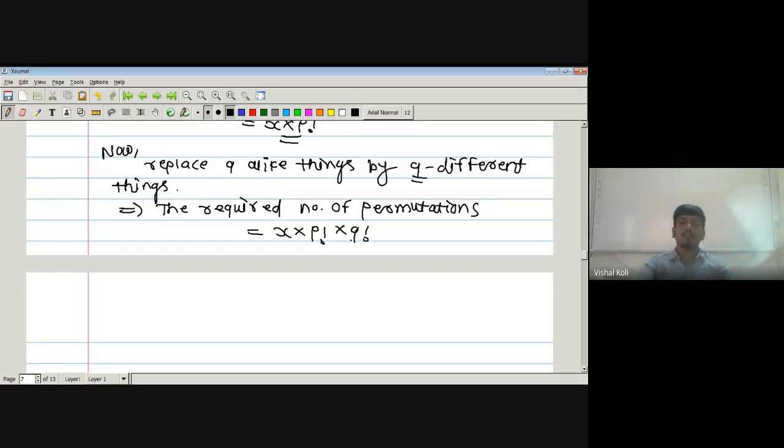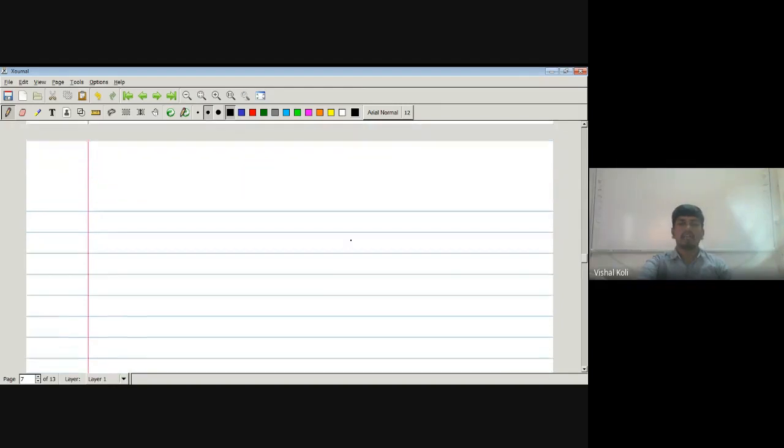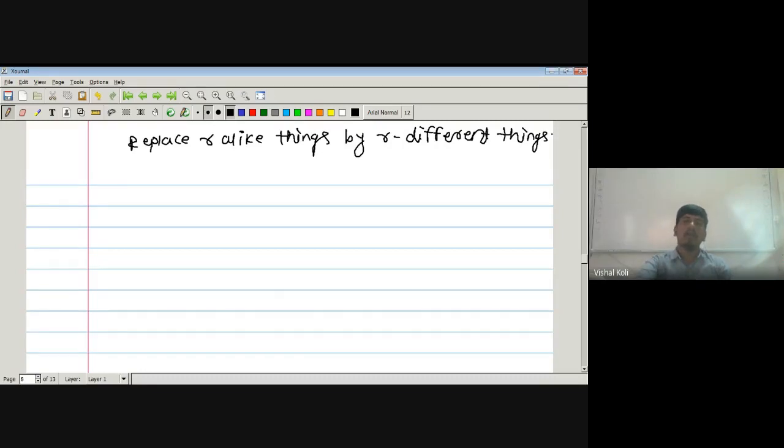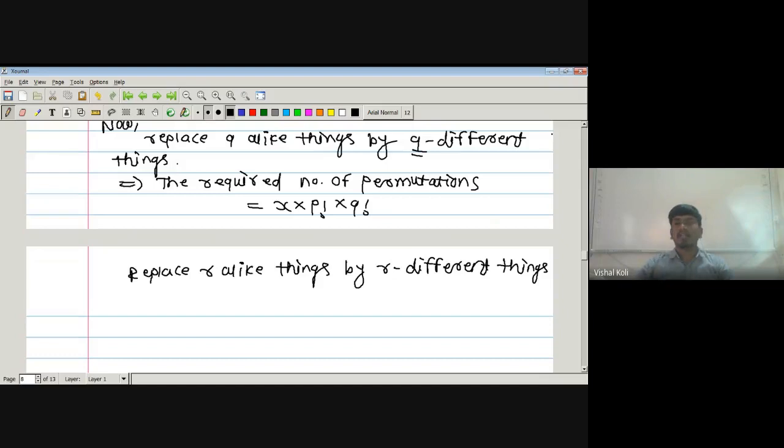Now it remains true for the r alike things. Now replace r alike things by r different things. Again, these r different things can be arranged among themselves in r factorial ways without changing the position of the other things. But we already have x into p factorial into q factorial permutations.